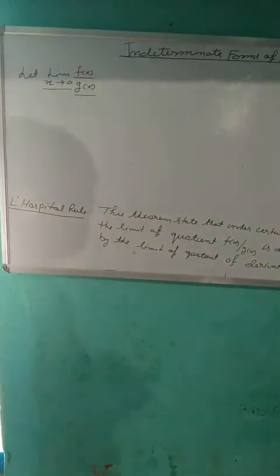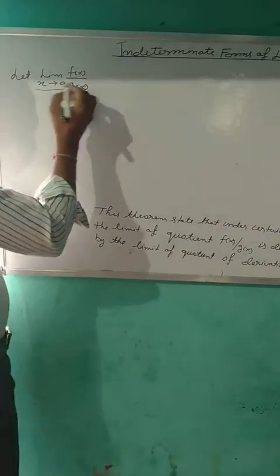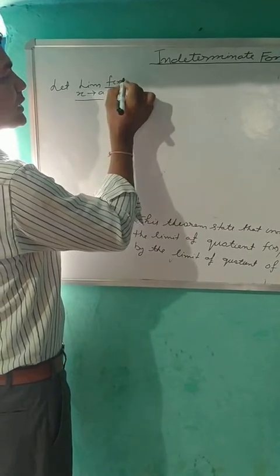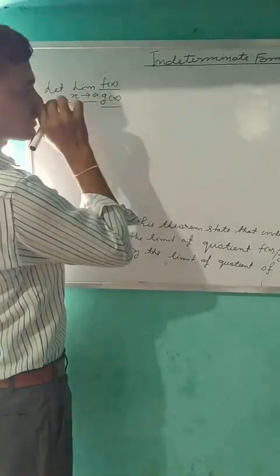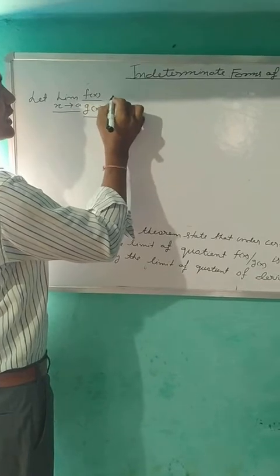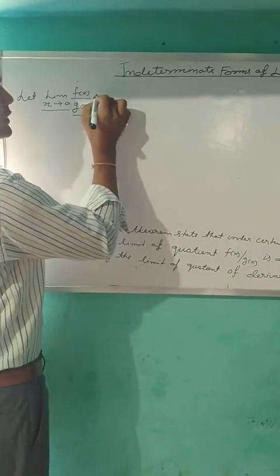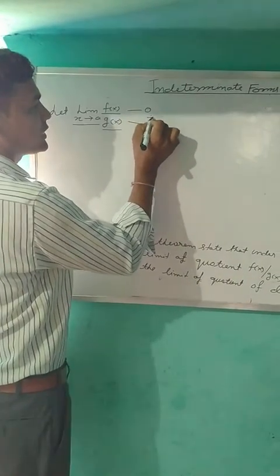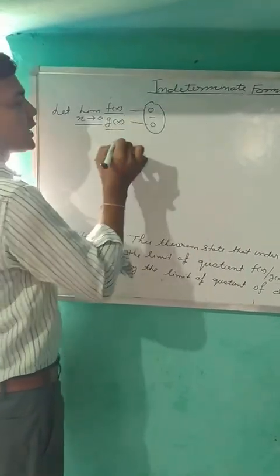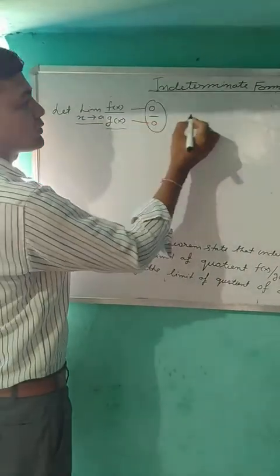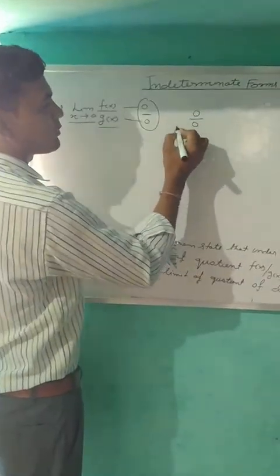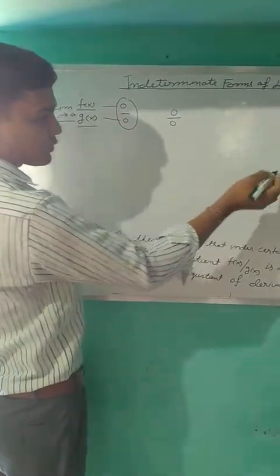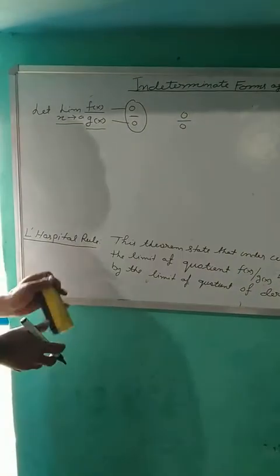In this function, suppose the limit of f(x) tends to 0 and the limit of g(x) tends to 0. In this case, this is the indeterminate form, and we can't solve it. We can't solve 0 upon 0 by the direct method, and we can't say that 0 upon 0 equals 0 or 0 upon 0 equals infinity, etc.